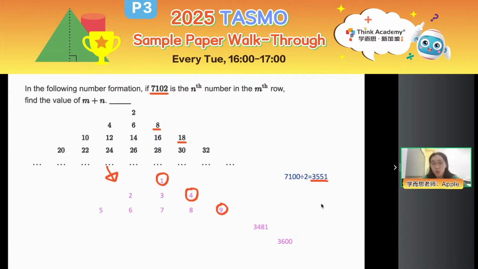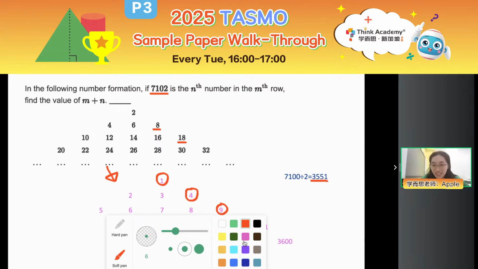What about the previous row? When it comes to row 59, you will get 59 times 59. It is 3,481. Well, you can see that 3,551 is more than that. That is why we can confirm the number we are looking for must be in row 60.